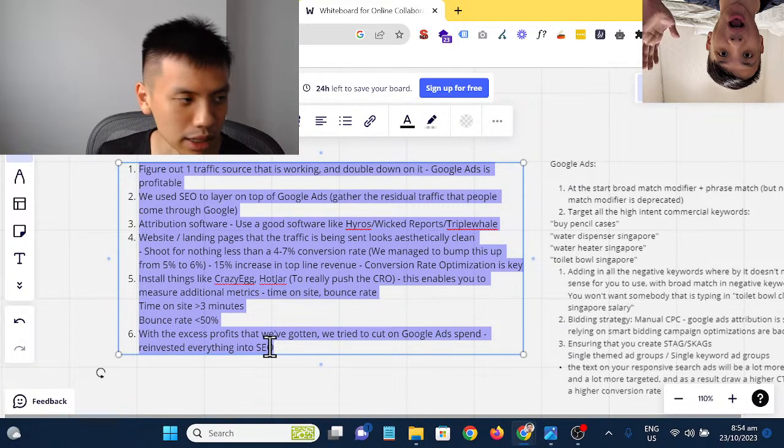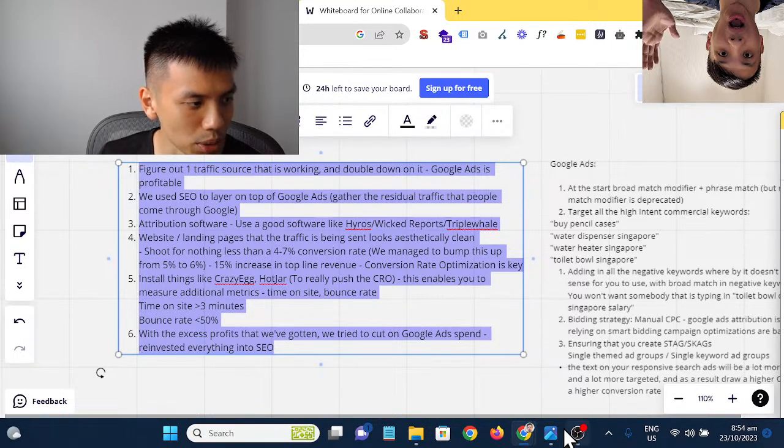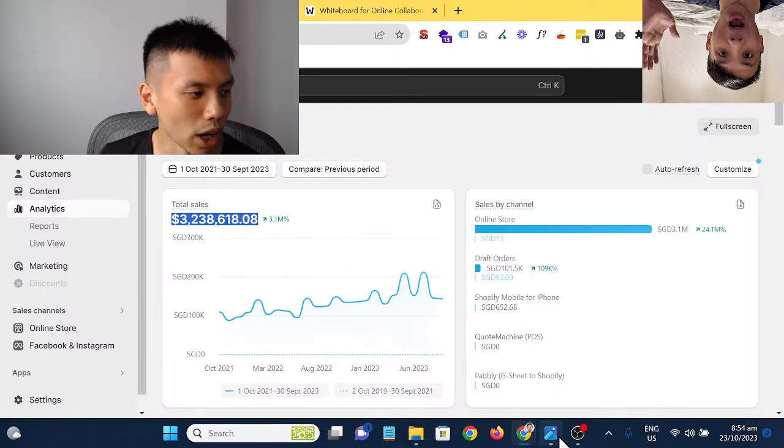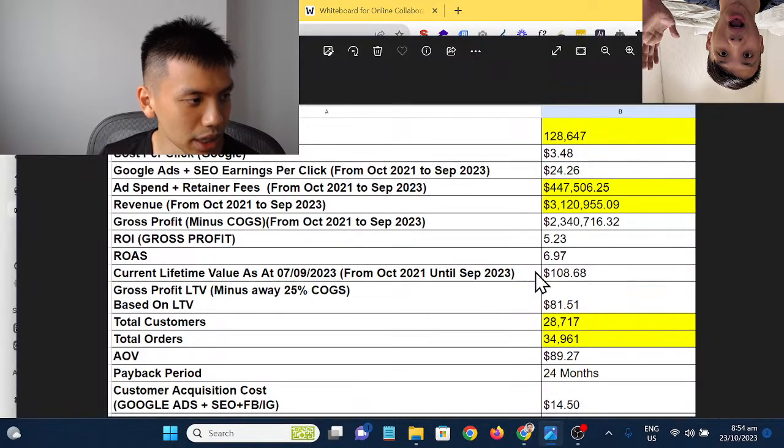So these are the lessons that we have learned to generate this client over $3.2 million of revenue across 24 months, while having a 6.97 return on ad spend, in terms of Google Ads plus SEO combined.